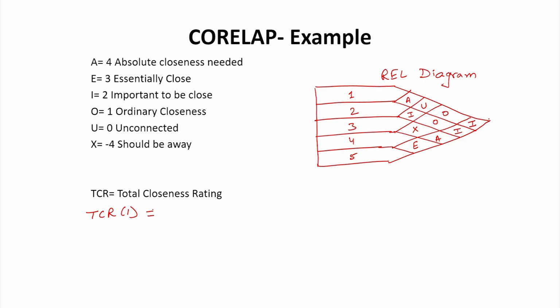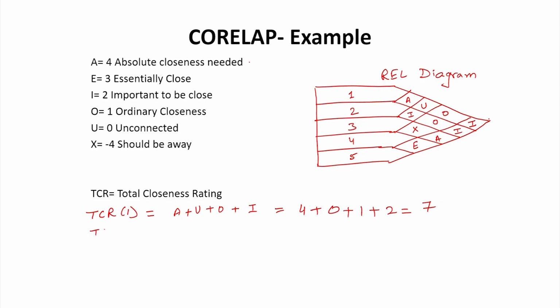This is equal to score of A plus score of U plus score of O plus score of I. A has a score of 4. So, 4 plus U has a score of 0 plus O has a score of 1 plus I has a score of 2. So, the closeness rating of department 1 is 7.